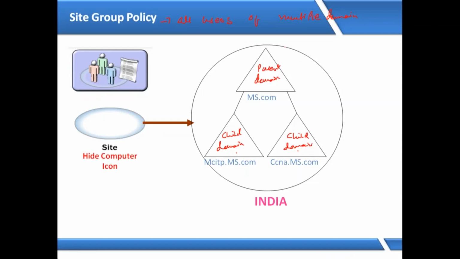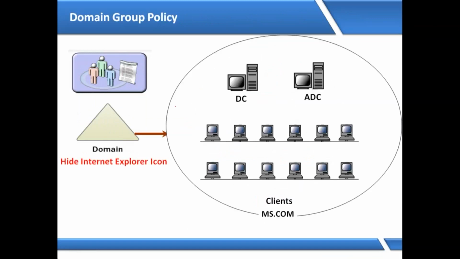And when you want to apply the policy to all the users of a particular domain, like here, where you have to hide Internet Explorer or the computer icon or the recycle bin for a particular user, the domain policy is applied when you want to apply the policy to all users of a single domain.